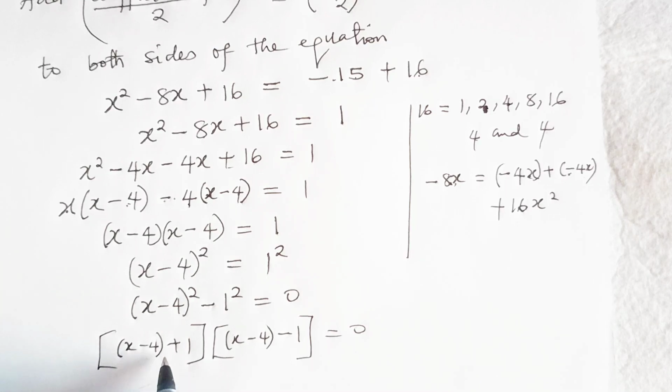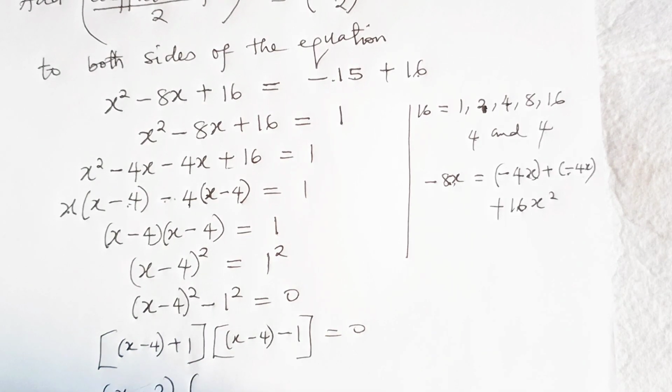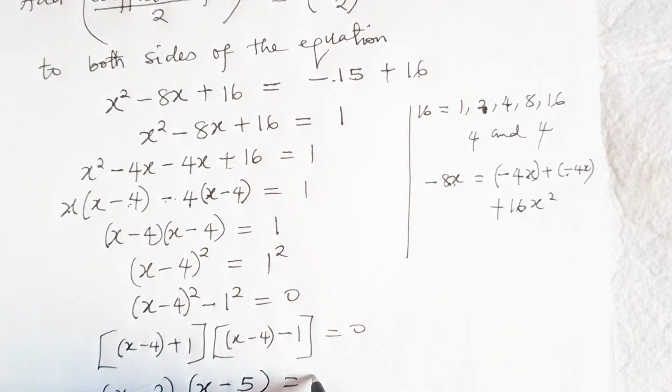So here I have x minus 4 plus 1. It will give x minus 3. Here I have x minus 4 minus 1. That will give me x minus 5 equal to 0.